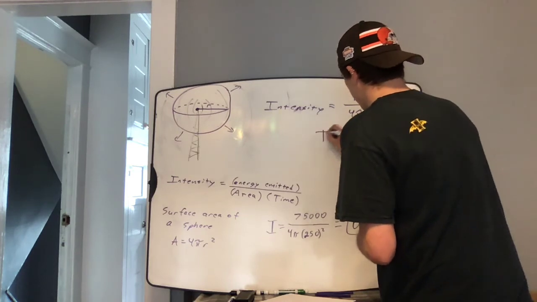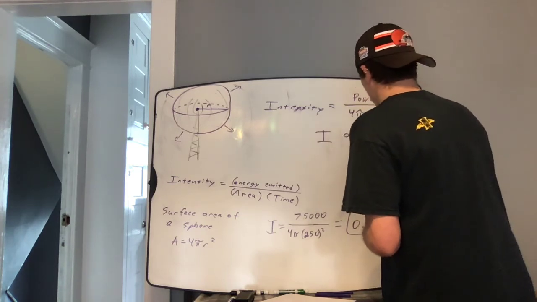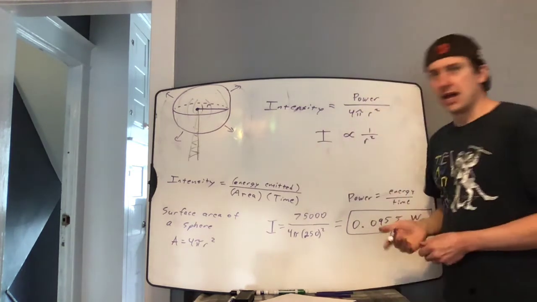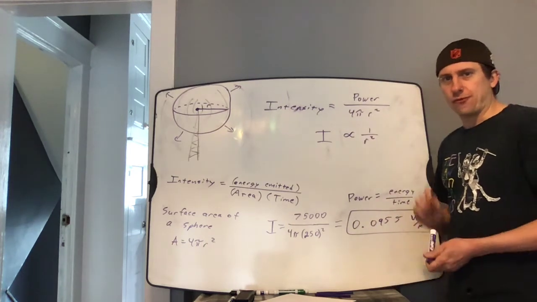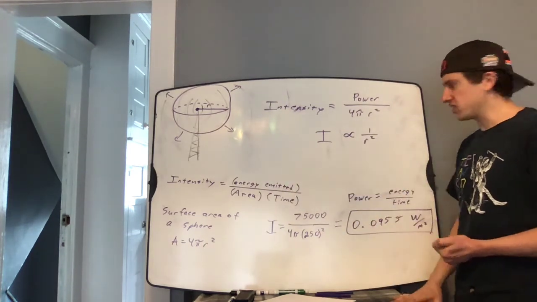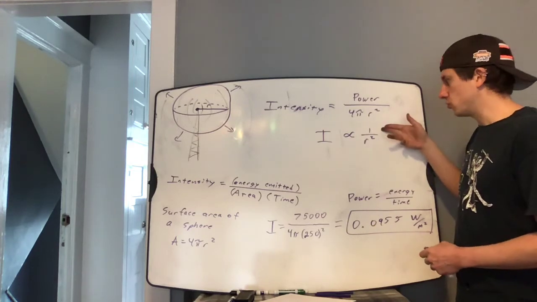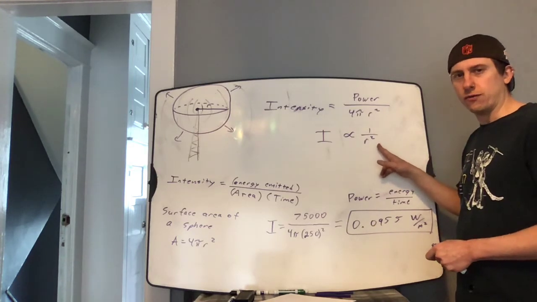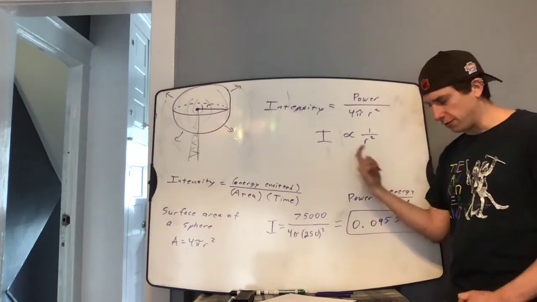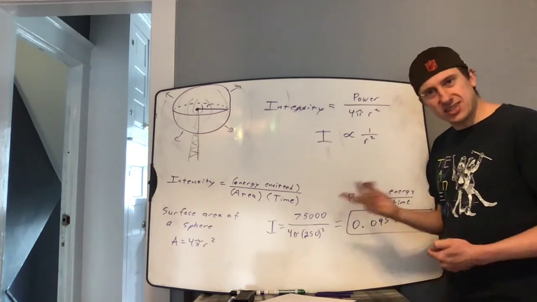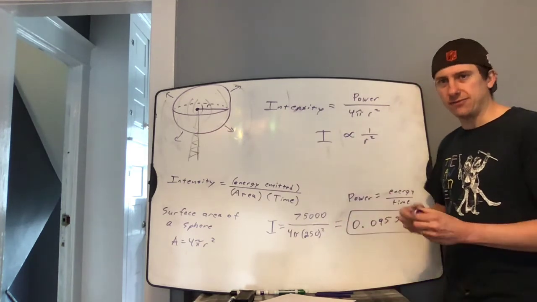And so the intensity is proportional to 1 over r squared. As you get further and further away from your source, how bright that source appears to you will dim as 1 over the distance squared. And that's the same behavior we saw in a lot of physics.